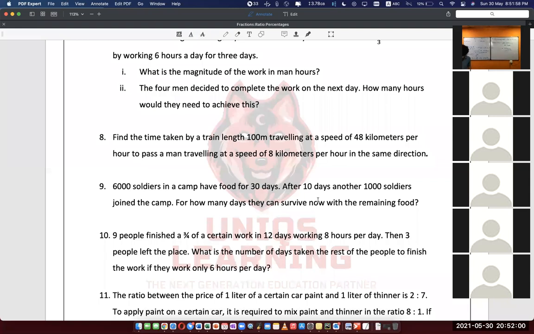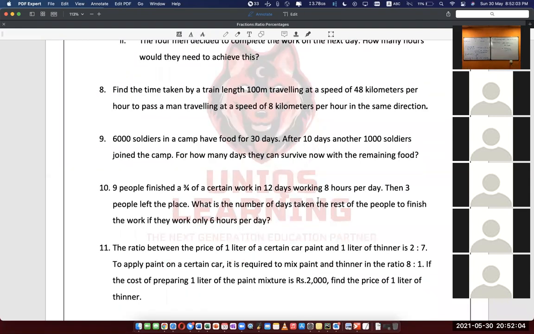So question number 8, the train question. How many seconds did it take? If you found the answer, send it to me now.